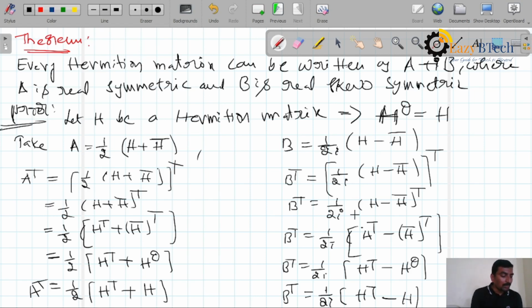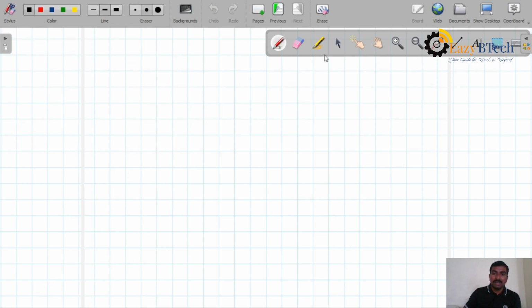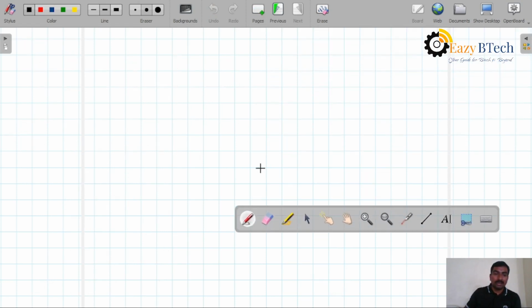So here we have to observe one thing. It is a very important logic I will apply here. You know A power theta can be written as A bar whole transpose. Everyone knows about this.